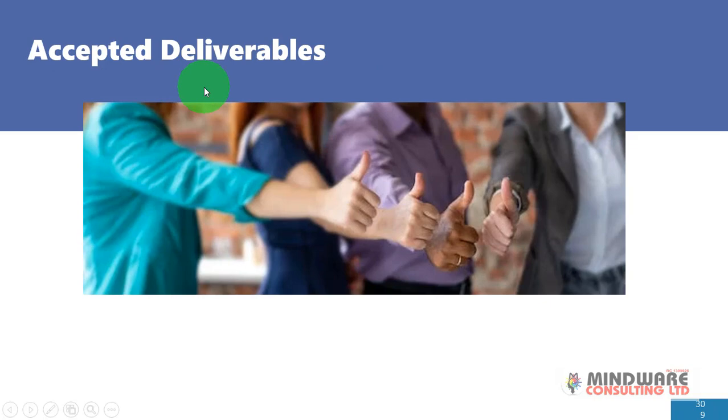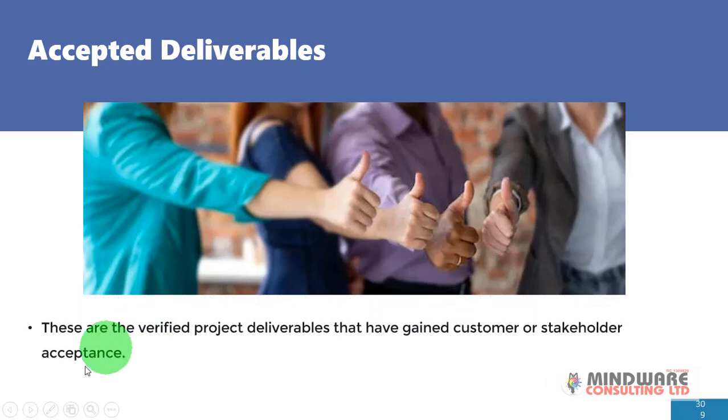So next on the list is the accepted deliverables. These are the verified project deliverables that have gained customer or stakeholder acceptance. Having gone through the customer acceptance criteria, and the customer having accepted the deliverables, you can now have these as accepted deliverables.